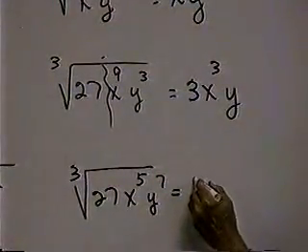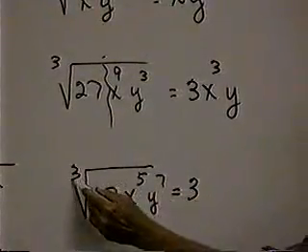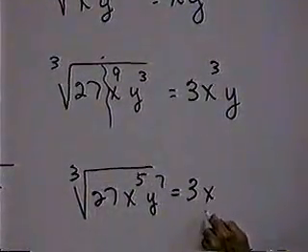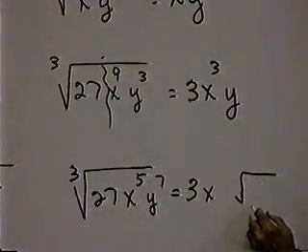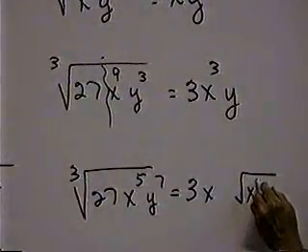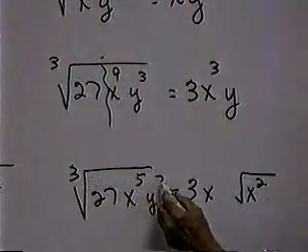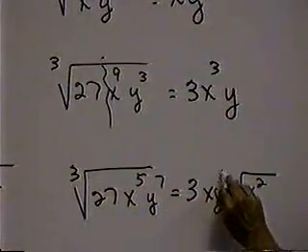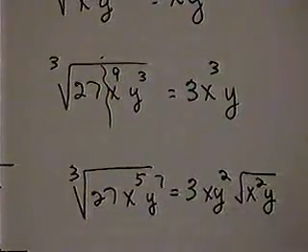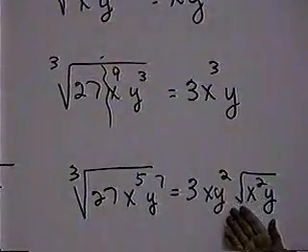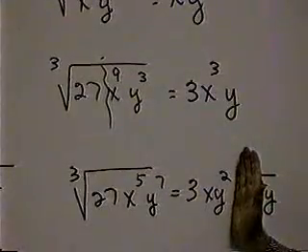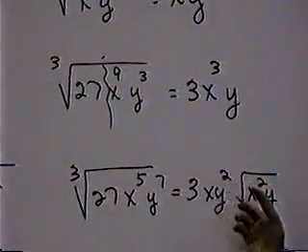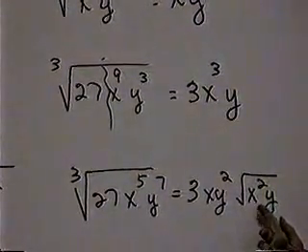So it'd be 3 times. 3 will go into 5 1 time with 2 left over. And 3 will go into 7 2 times with 1 left over. So however many times this goes in, that is what comes outside the radical sign. If you have any left over, it must remain inside the radical sign.